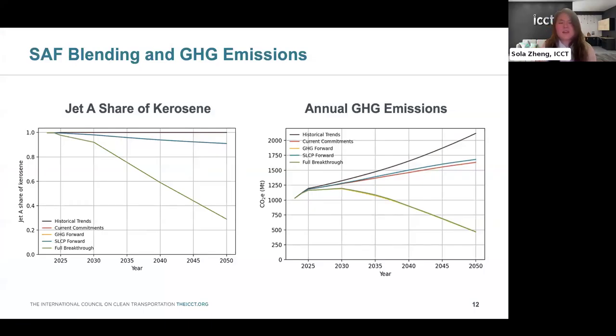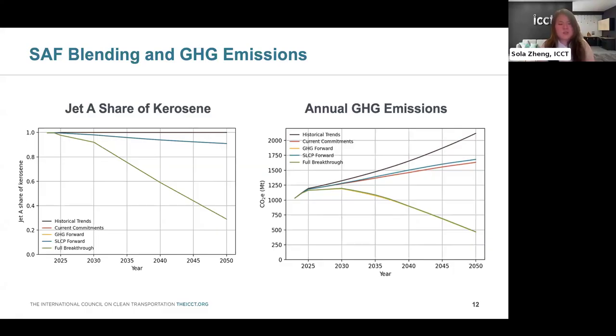So first of all, if we look at the greenhouse gas side of things, we will see that the announced SAF mandates in four geographies, which are UK, EU, Japan, Brazil, add up to about 10% SAF blending in 2050, which is quite moderate.